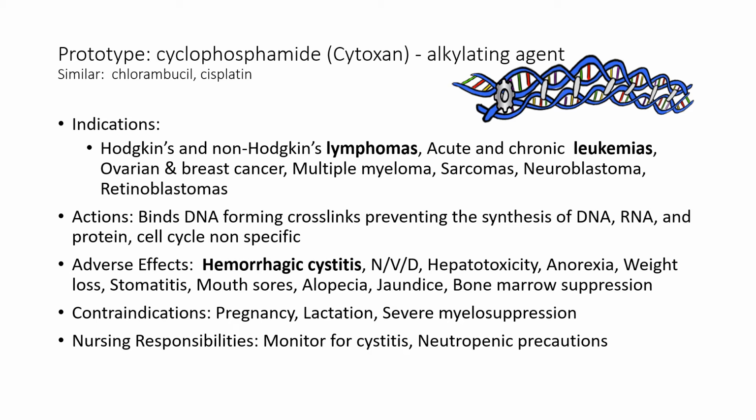Okay, when you see the term leukemia, it's basically cancer of the blood cells or of a bloodline. So leukemia, leuko is white, so it's some kind of cancer of the blood, and what about the blood? It's the white blood cell.